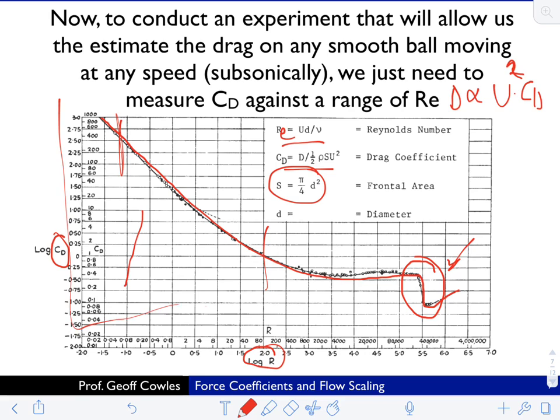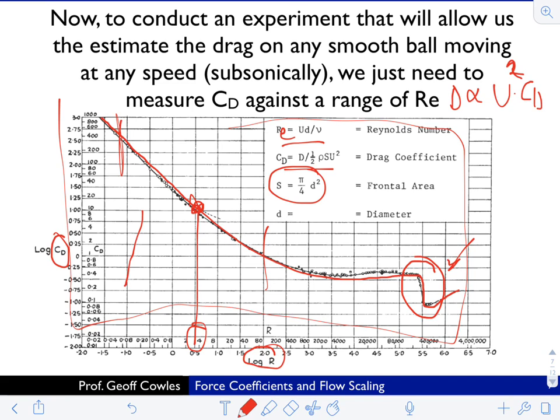Having made this table, someone could come in and have their own smooth sphere for some totally unrelated application, nothing to do with what you're testing in the wind tunnel, but they have a smooth sphere moving through steady Newtonian fluid. All you have to do is take the Reynolds number of your problem, might be right here, and you go up, get the drag coefficient studied in this tunnel.